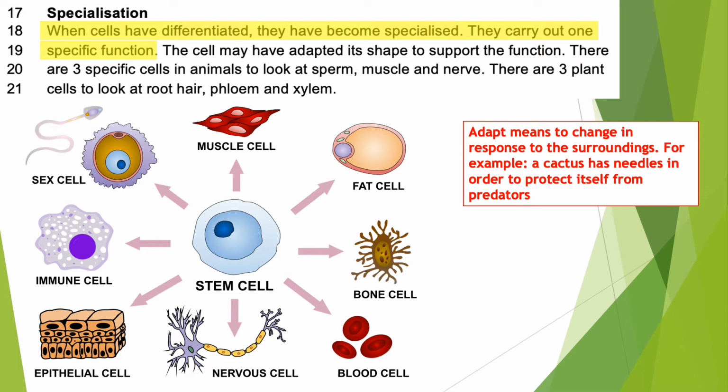So, for example, there's tons of these. If you have a cactus, it generally lives in the desert, but that doesn't mean that a cactus doesn't have any predators, right? There are still animals out there that feed on cacti. So, in order to defend itself, a cactus has adapted or has changed in response to those predators. And the change is to have needles, right?